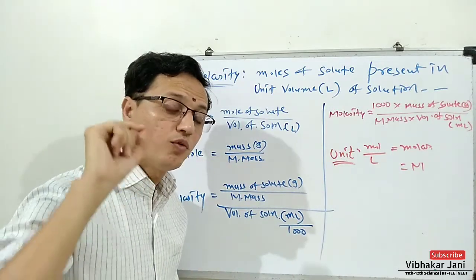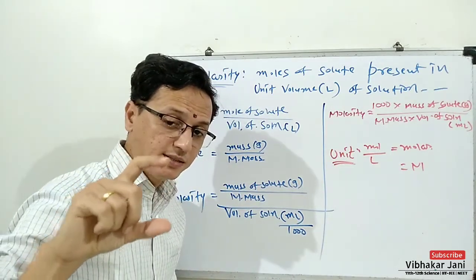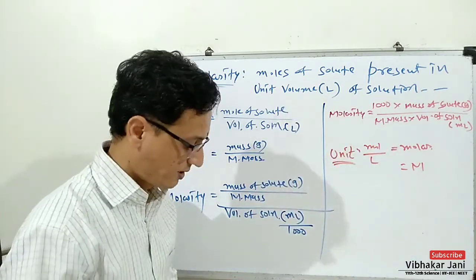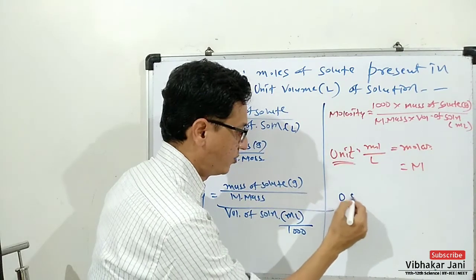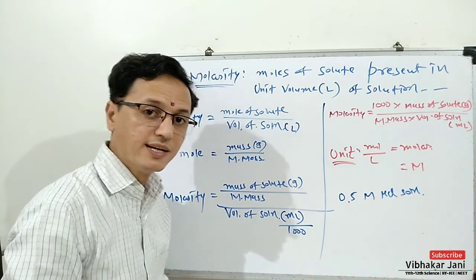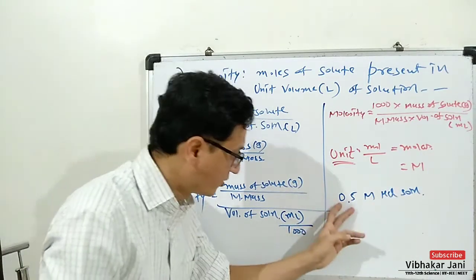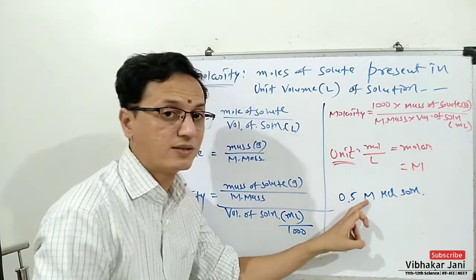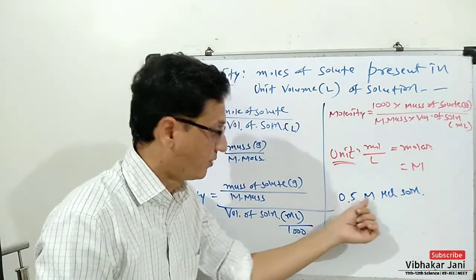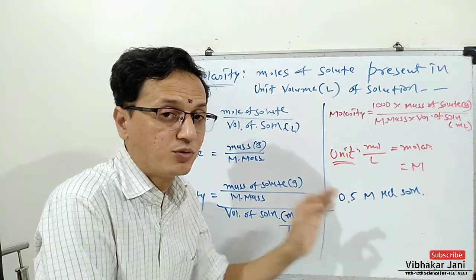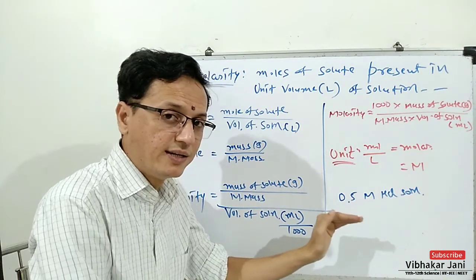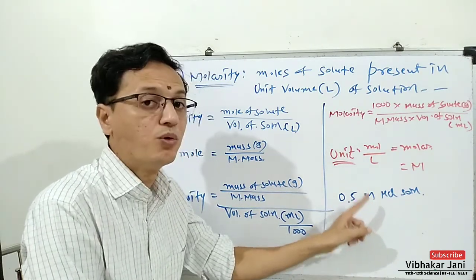So the symbol for molarity is M, and the symbol for the unit of molarity is also M. Suppose somebody writes 0.5 M HCl solution, that means it is talking about 0.5 molar HCl solution. That means the molarity of the HCl solution is 0.5 molar. We have to speak molar. When 0.5 M is written, then it means it is 0.5 molar.